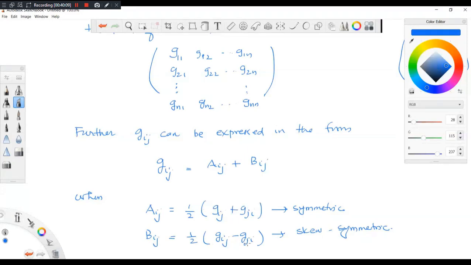So from this you can see that Bij is minus Bji. That's why it is called skew symmetric. So any n by n matrix can be written as the sum of a symmetric matrix and a skew symmetric matrix. The symmetric matrix is this sum divided by 2, and the skew symmetric matrix will be this one. So it is possible for you to write it like this.